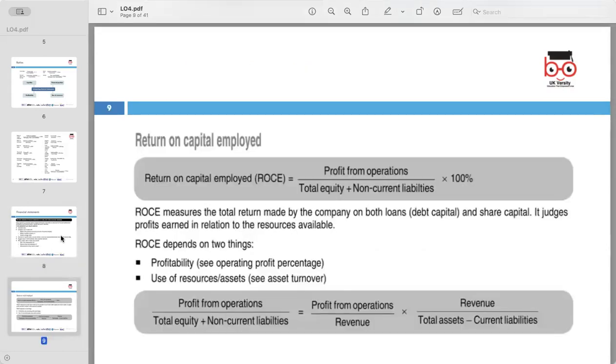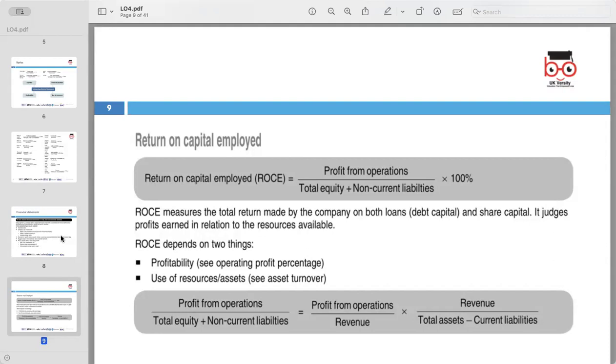Okay, so return on capital employed. Understanding return on capital employed is important. It is a financial metric that evaluates the profitability and efficiency of a company's capital utilization. It is calculated by dividing the profit from operations by the total equity plus non-current liabilities, multiplied by 100.